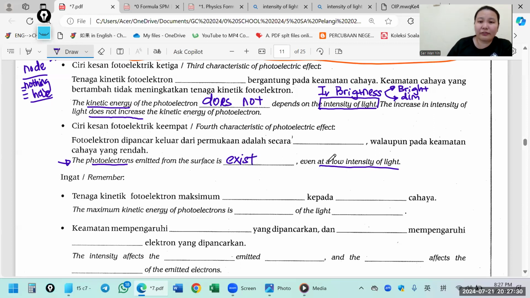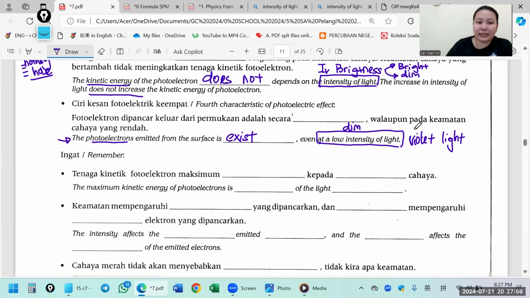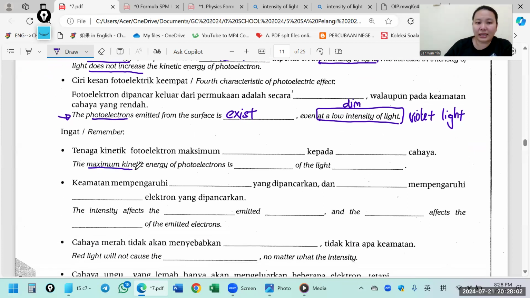Means even though low intensity of light, for example, violet light, even though not so bright, low intensity means dim light. Even though dim light, we still can see electron is emitted, one or two. Okay, still got.